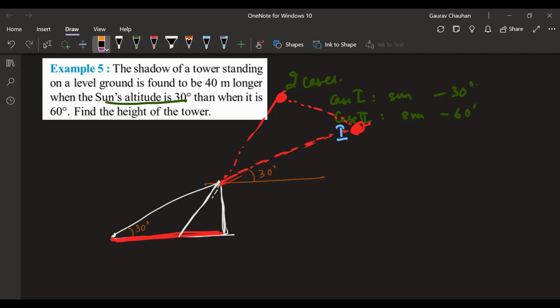Just going back to the angles here, this will be case 2. In case 2, the angle is 60 degree. So this full angle is 60 degree. Again, you have to find the angle with respect to the horizontal, right? So this is 60 degree, so this will also be 60 degree.